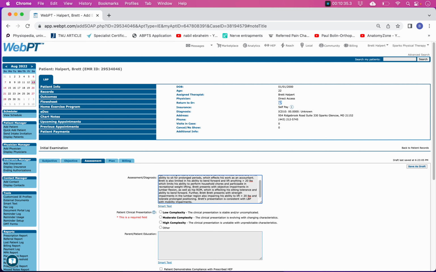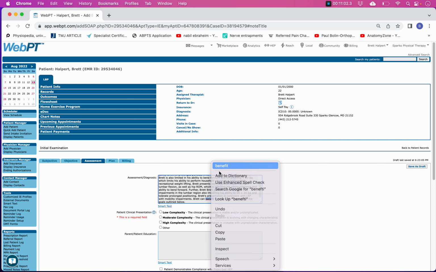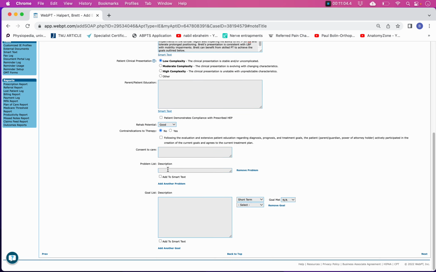If he has some psychosocial issues such as anxiety with his work, we can throw in Brett also has anxiety, which may cause complications with treatment, whether that's a delayed prognosis. And then I like to end it: Brett can benefit from skilled PT to achieve the goals outlined below. So it's a pretty simple case.